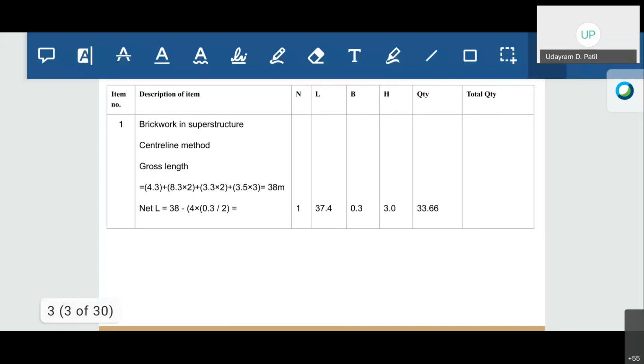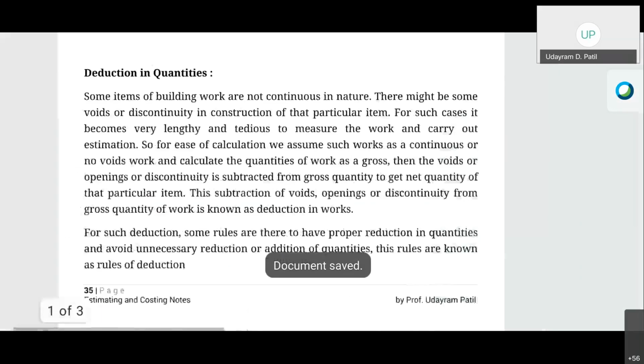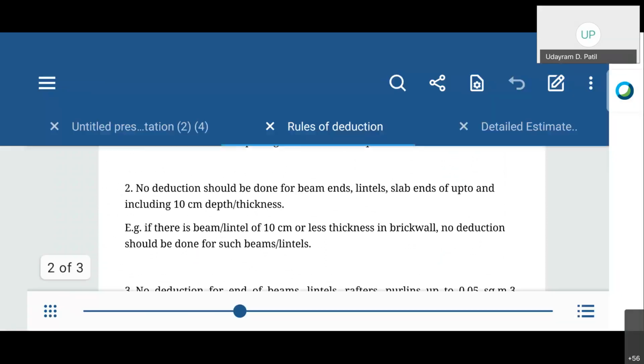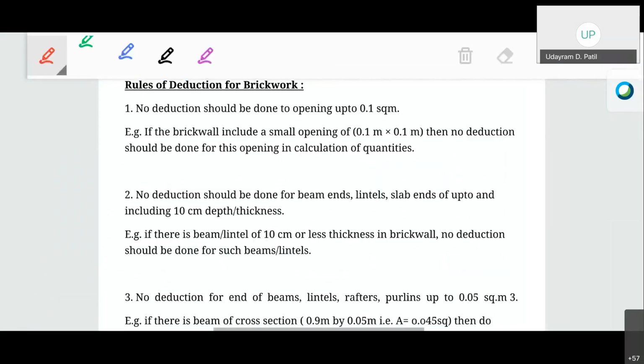Therefore, we have already stored brickwork in superstructure. The quantity will be 33.66. Now, as per the rules of deduction for the brickwork, in every example, you have to look for the 3 points. First, if there is any opening which has an area less than 0.1 square meter.